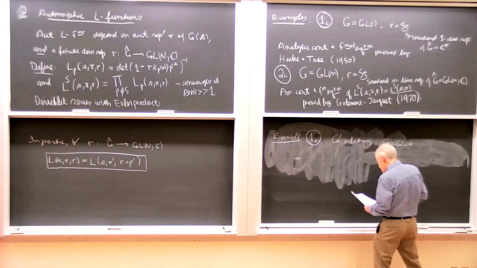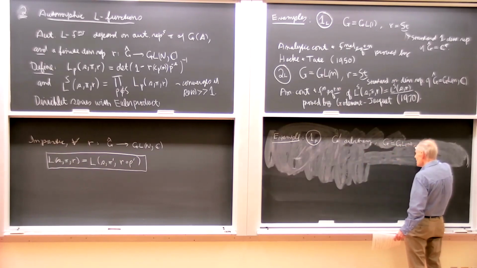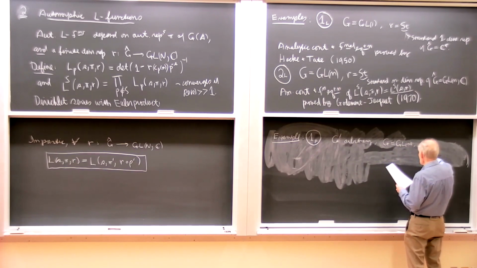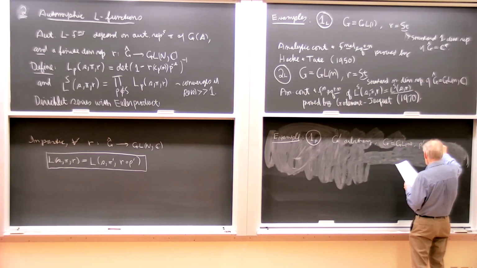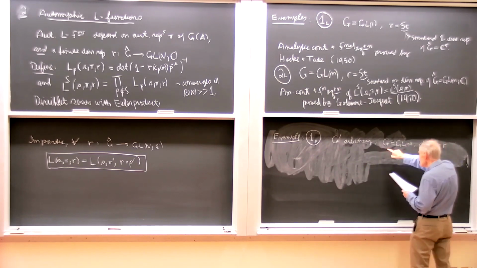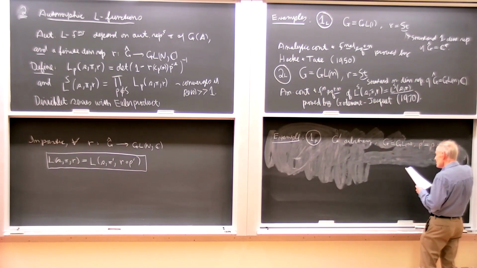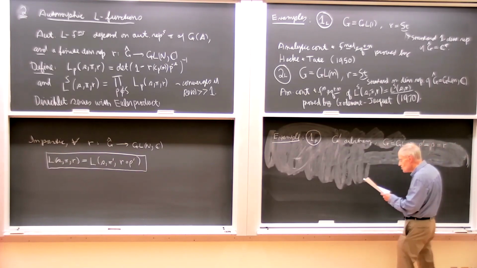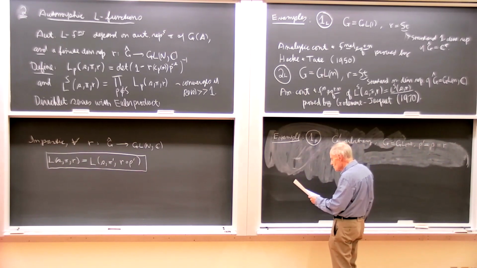Let's take rho prime equal to R. G prime is arbitrary.